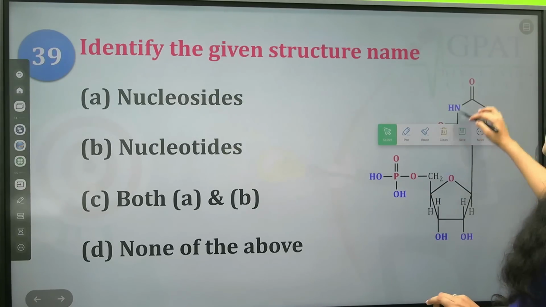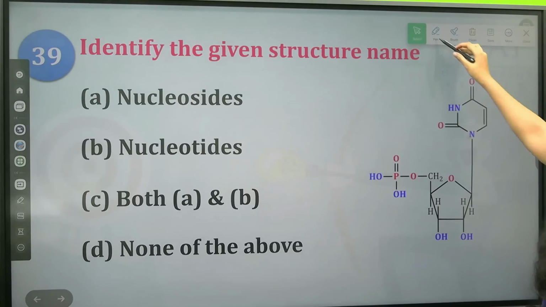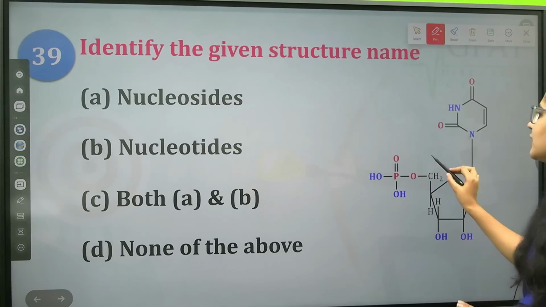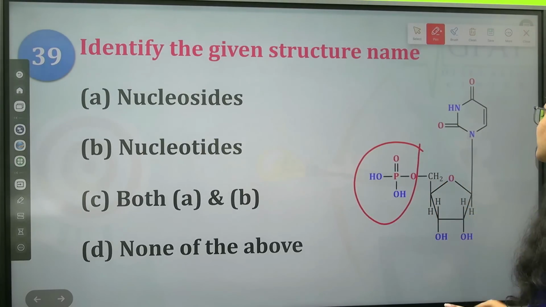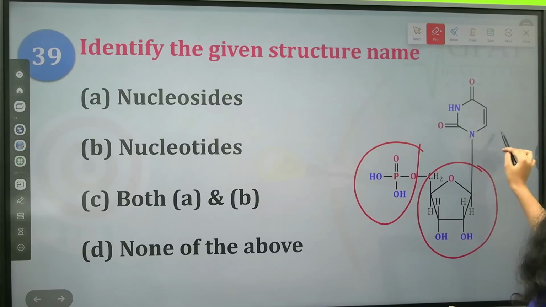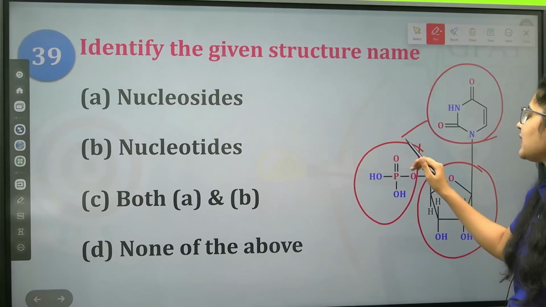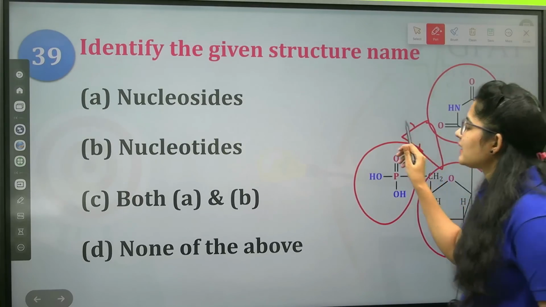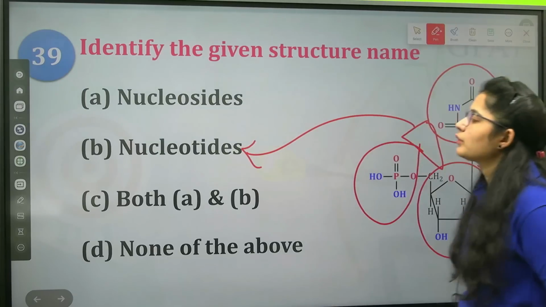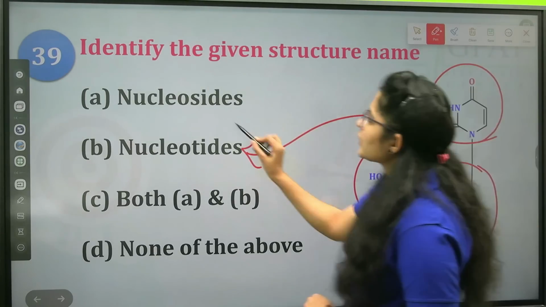Identify the structure name. What is this? See, you have the phosphate group, you have the sugar group, and you have the amine group also. So this is an example of the three parts, the structure of nucleotides and nucleosides.